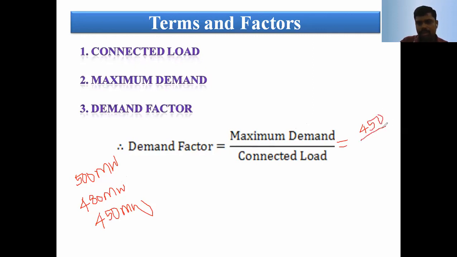What is the connected load at the particular time? The connected load is always less than unity. Suppose the connected load is 435 megawatt. This is the connected load, meaning the consumers have taken the electricity board service, but they never utilize these 435 megawatt.